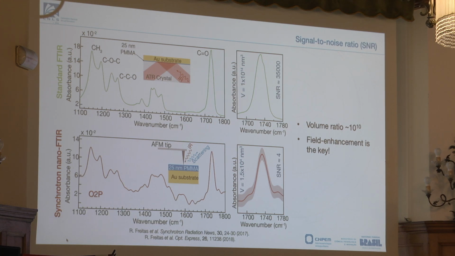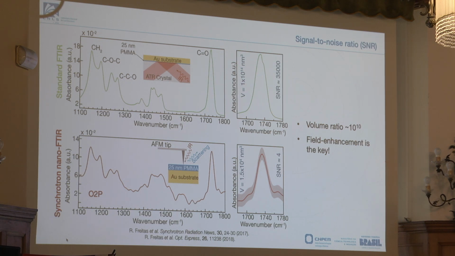When you go to the nanoscale and you see a spectrum like this, it is really amazing, because if you compare the two experiments, we are talking about a comparison between volumes that's more or less 10 to the 10. It's a very small number of molecules. Even with such a high signal-to-noise ratio, if you scale this linearly, you never get data like this.